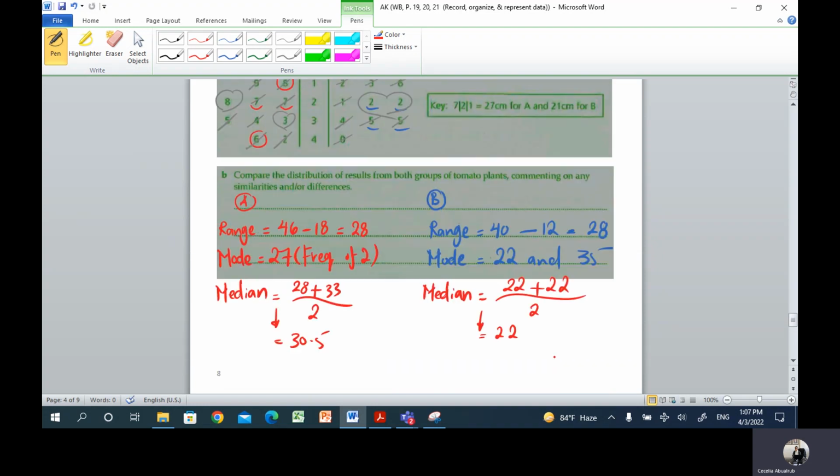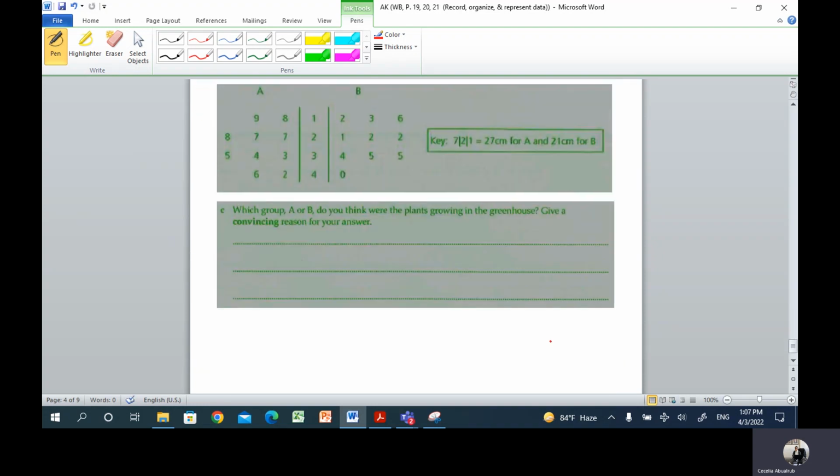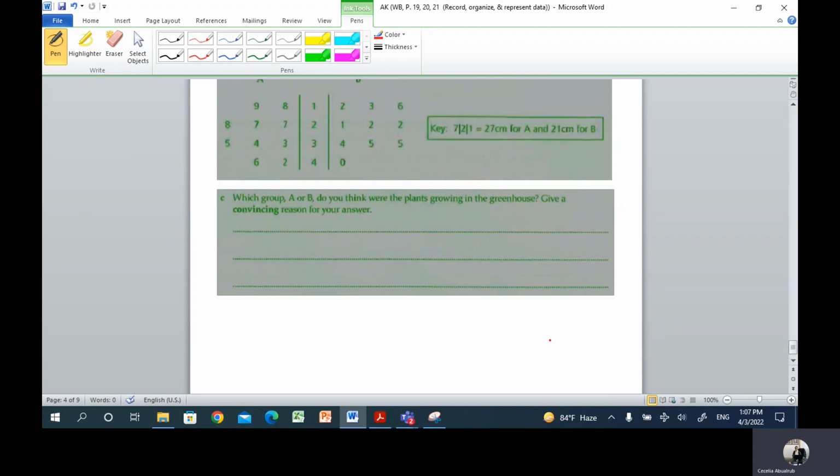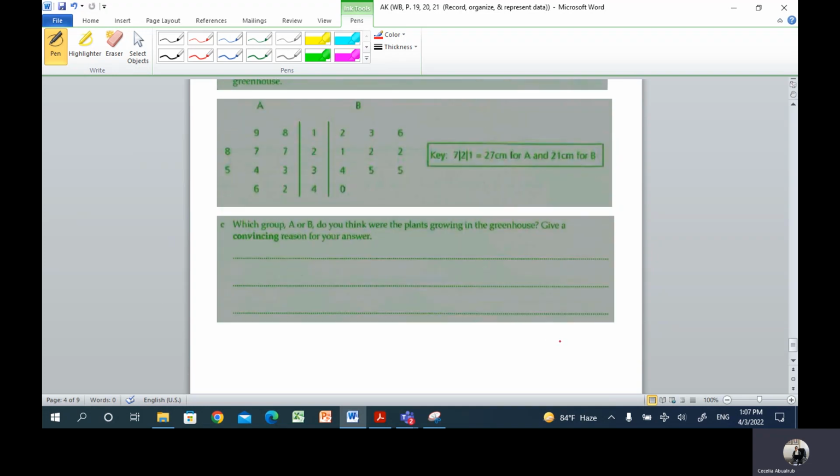We have the last thing to calculate, so I'm going to scroll down here and I will calculate the mean for each. So we have A, so the mean is equal to a fraction line. The first data here is 18 plus 19 plus 27.